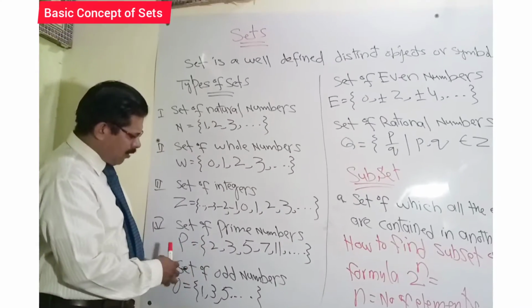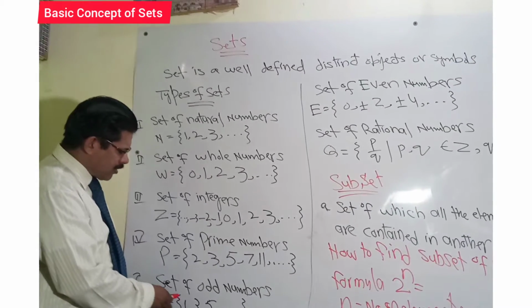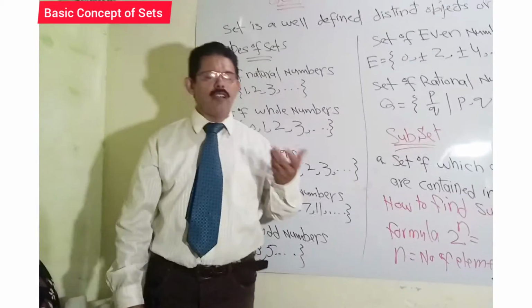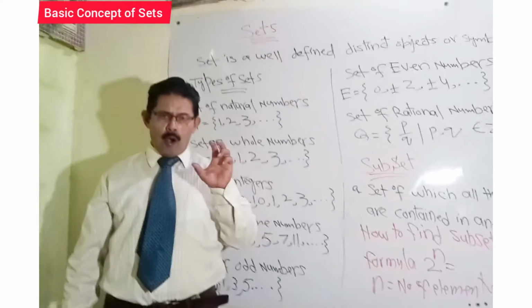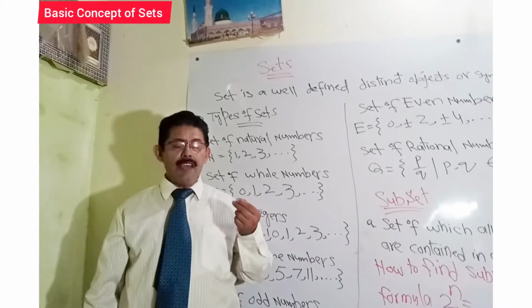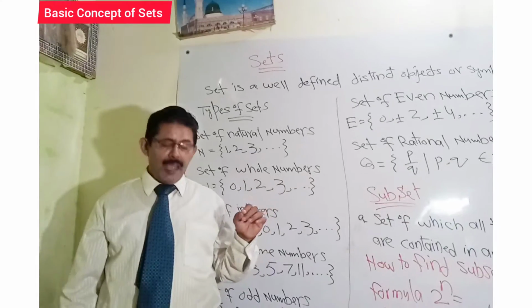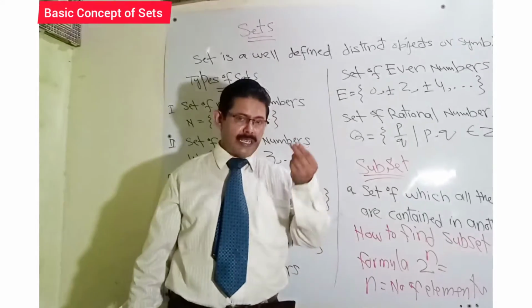Set of odd numbers. Odd numbers start with 1, 3, 5, and 7. Set of odd numbers means a set of numbers that 2 does not divide fully. If we divide odd numbers by 2, there is a remainder, they are not fully divisible.